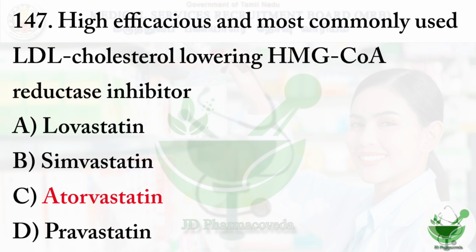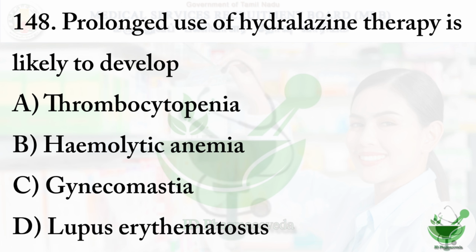Then question number 148. Prolonged use of hydralazine therapy is likely to develop: option A, thrombocytopenia; option B, hemolytic anemia; option C, gynecomastia; and option D, lupus erythematosus.